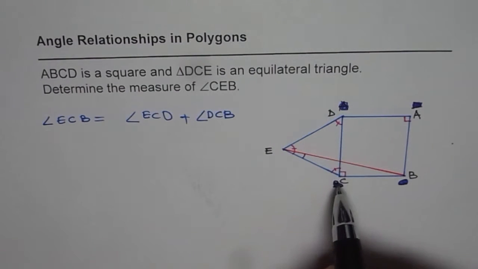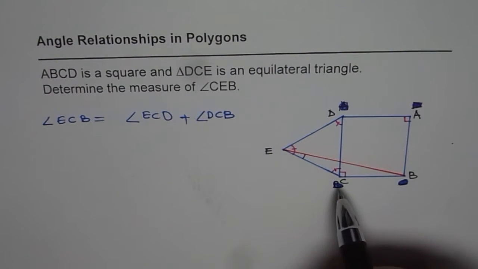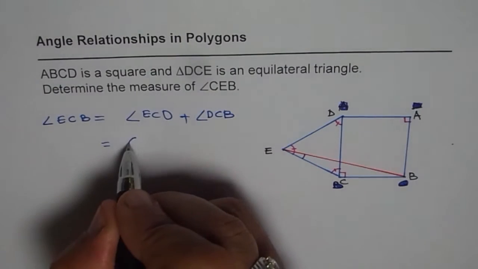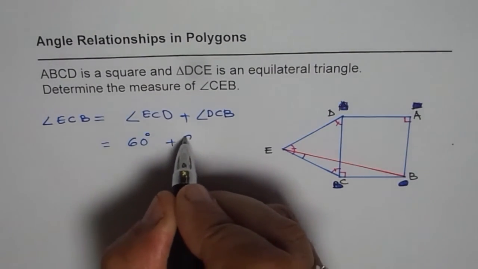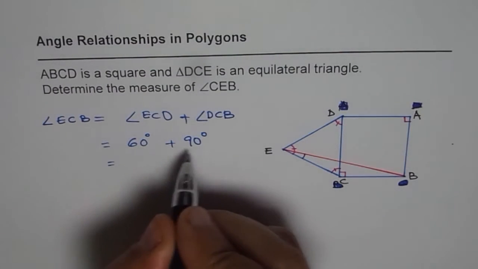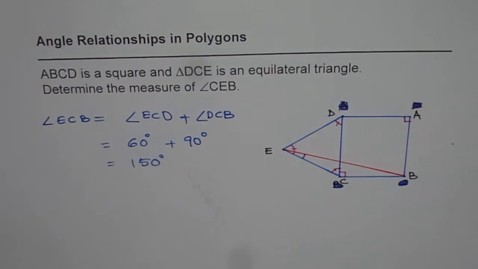Now angle DCB is 90 degrees since it's a square, and the angle ECD is 60 degrees since that is an equilateral triangle. So we can write this as 60 degrees plus 90 degrees, which is 150 degrees. So that is one thing we know.